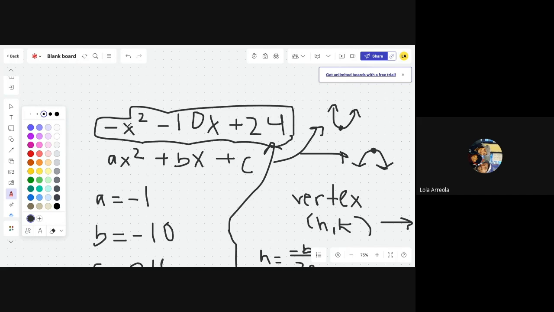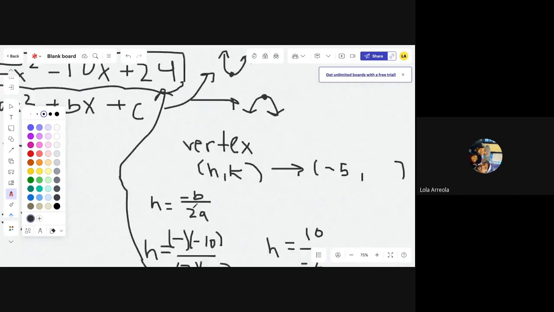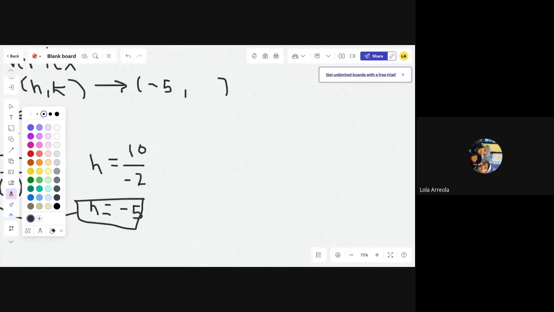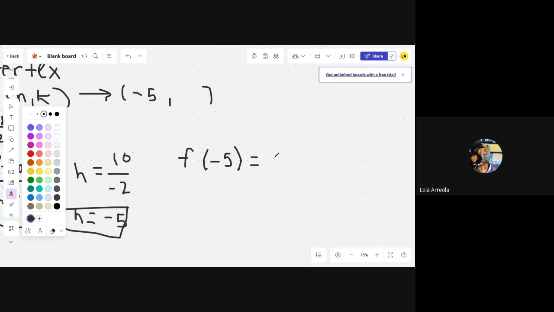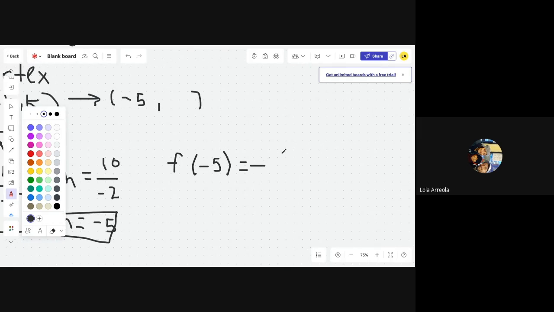So I'm going to plug in -5 for x essentially. So what I'm doing is f of -5. That's just telling me I'm evaluating for x, -5 for x.